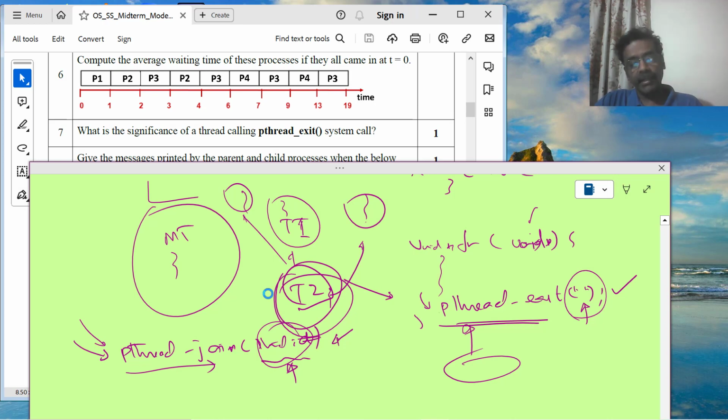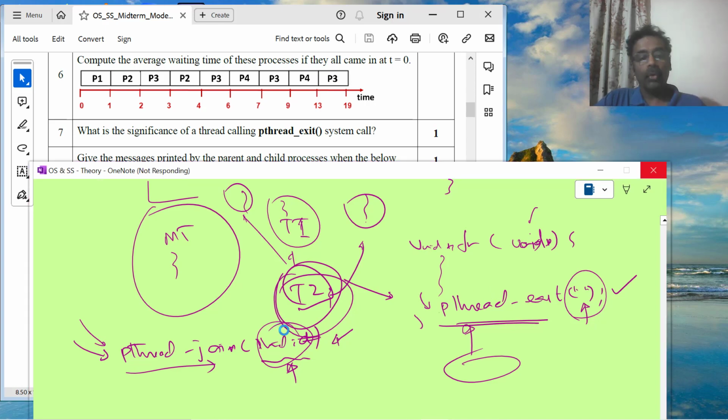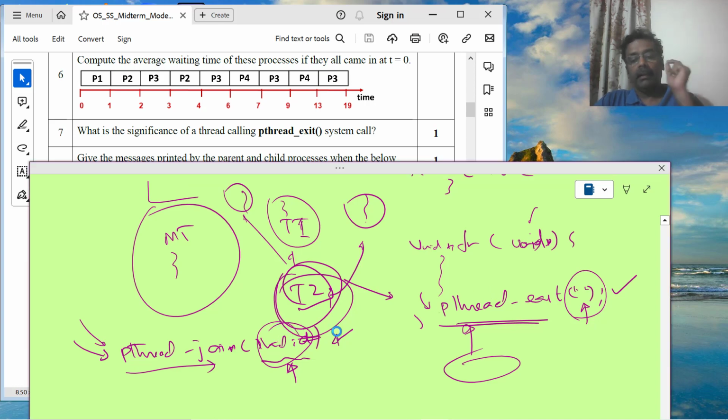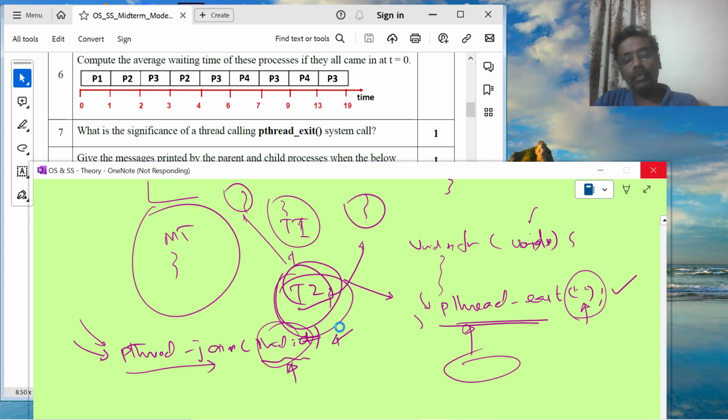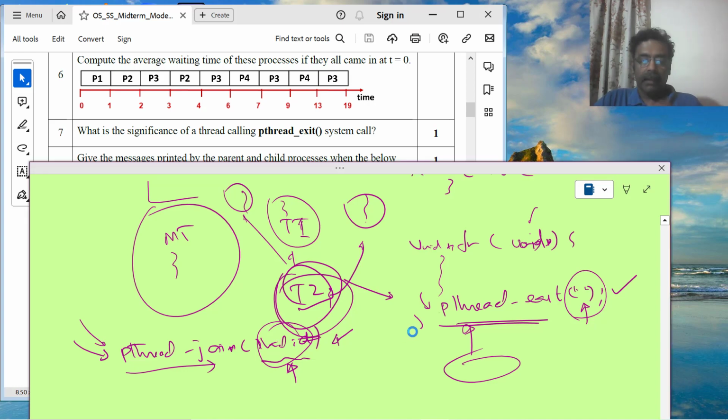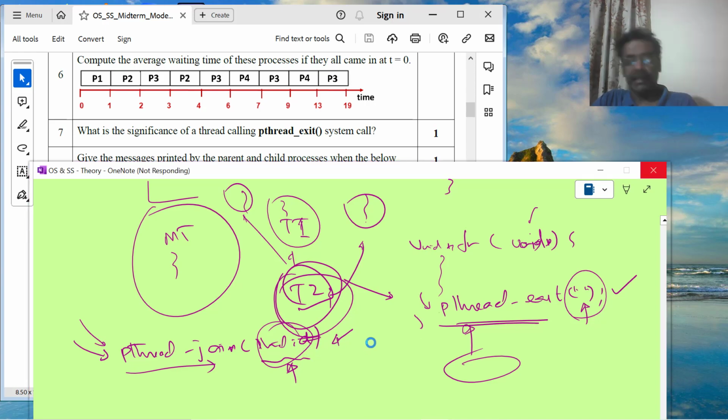Or if it has not exited, it will wait. So not only one thread, many threads can be waiting on a particular thread to exit. As long as they know the thread ID, they can wait to join. A join means waiting for the thread ID to exit.